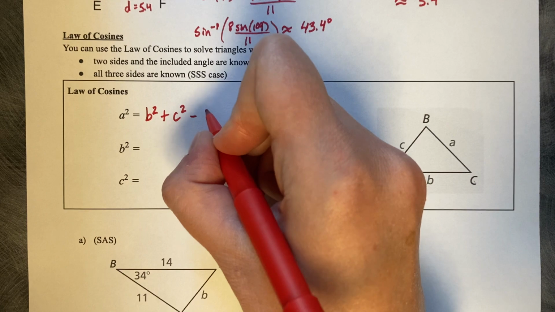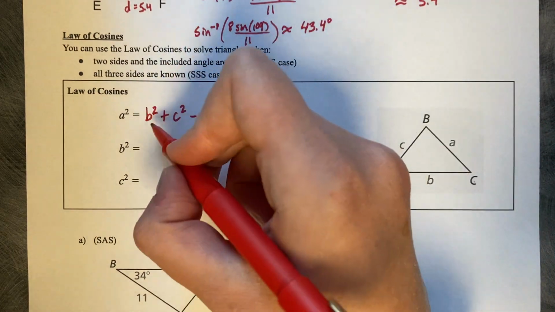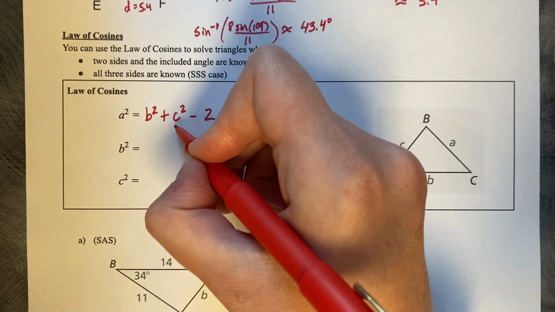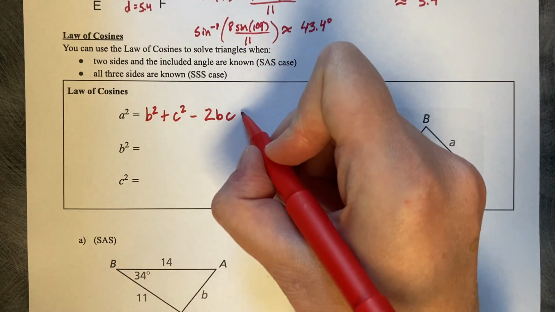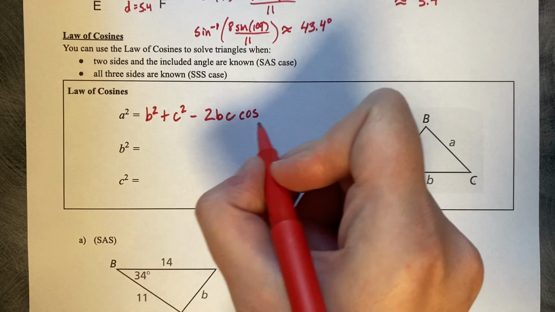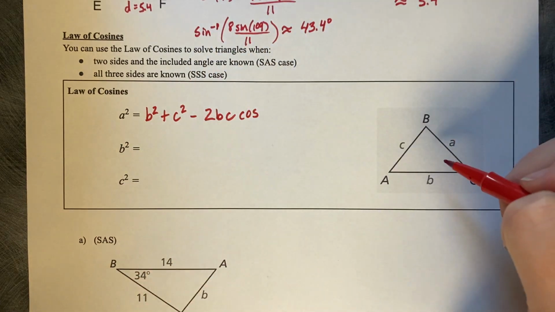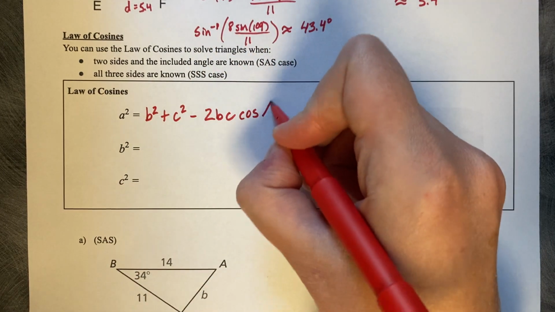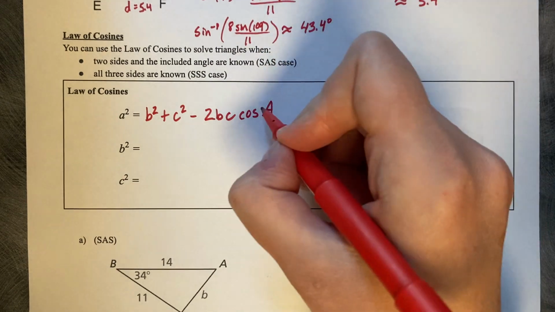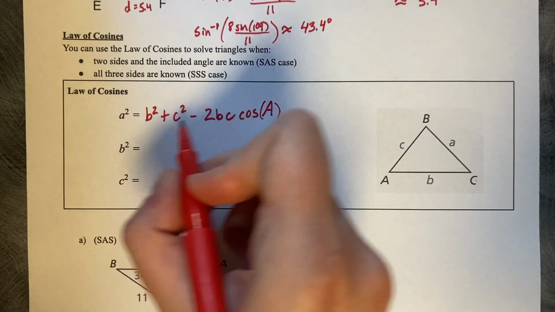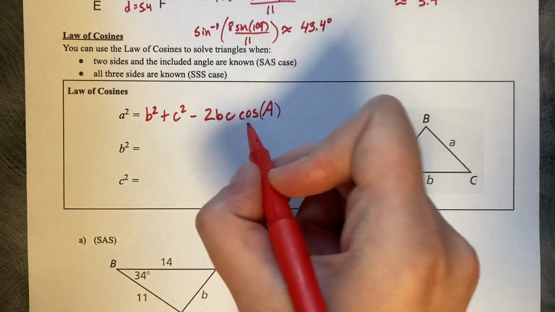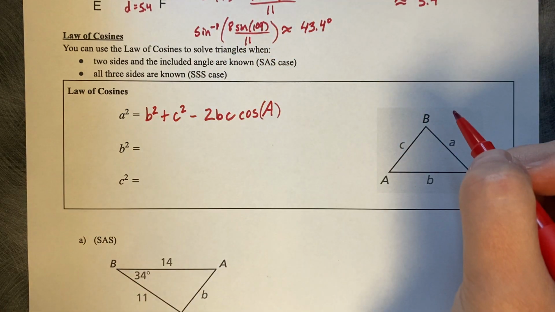Then you subtract 2 times these two values, so 2 times b times c. And finally, you do the cosine of the angle that you would like to create a match with. So in this case, it would be the cosine of angle A. And you can put it in parentheses if you want. So the beginning is the Pythagorean theorem minus 2 times the two values times the cosine of the angle measure that matches.